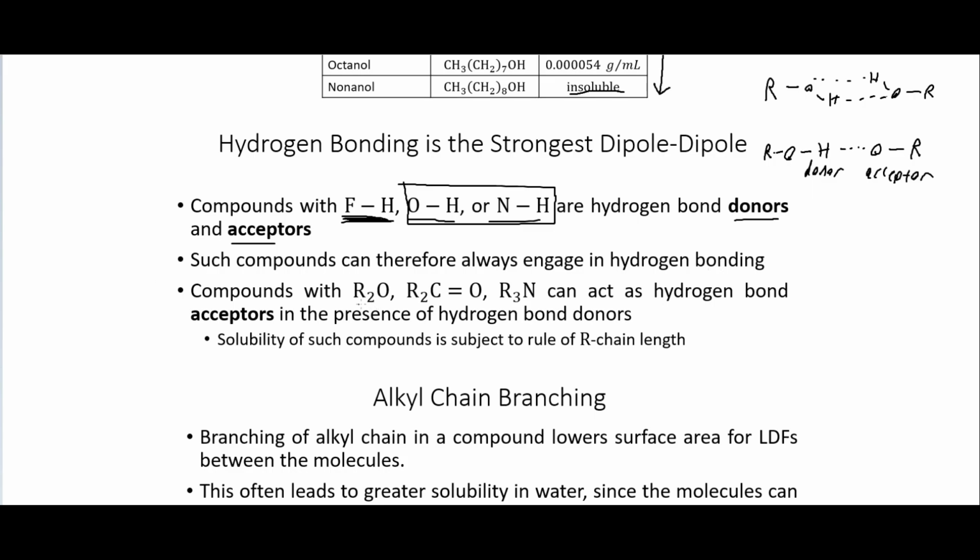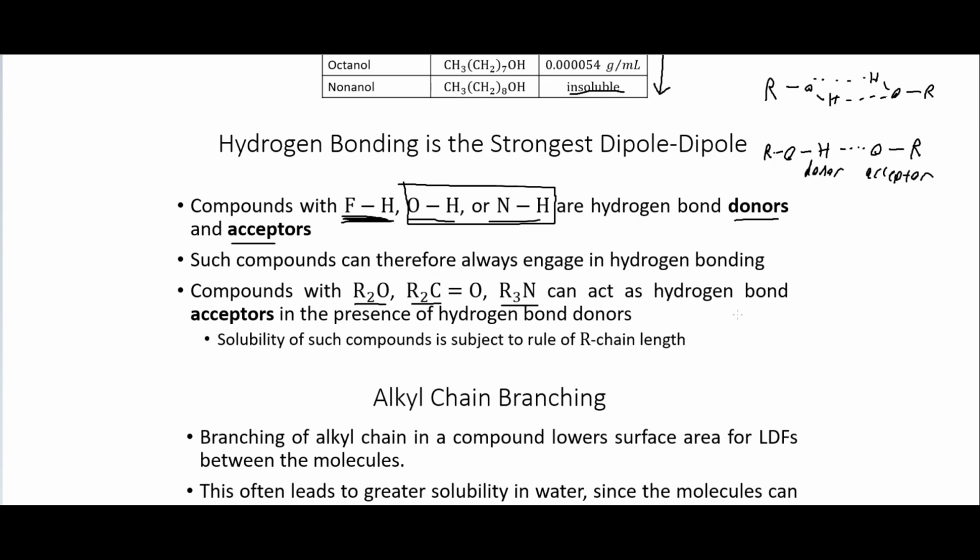Whereas if we have compounds like an ether, or a ketone, or this tertiary amine right here, these can act as hydrogen bond acceptors in the presence of hydrogen bond donors, but these are not hydrogen bond donors themselves.